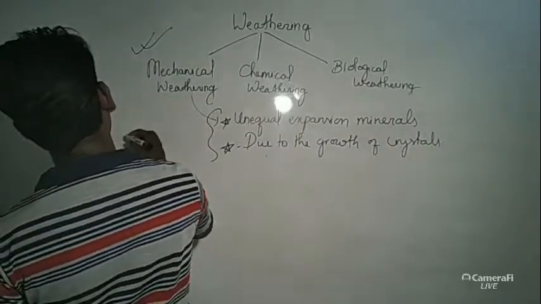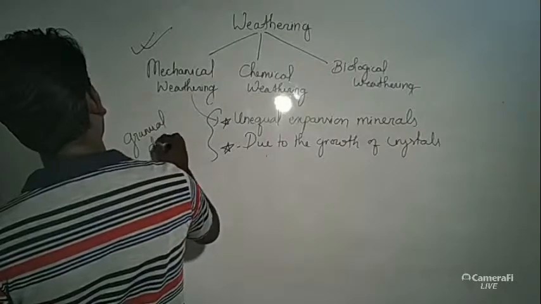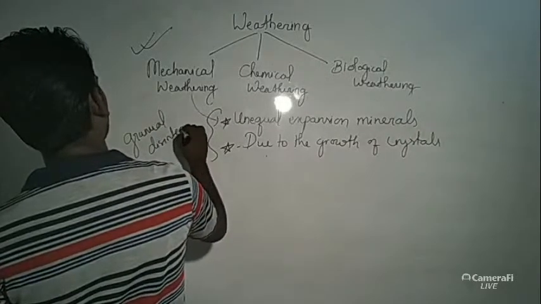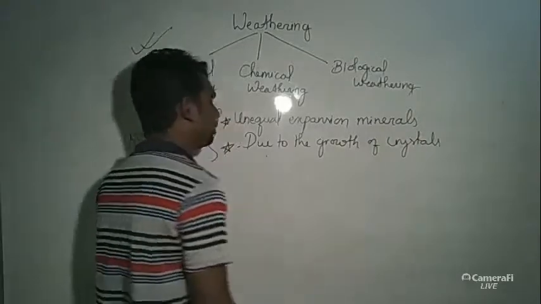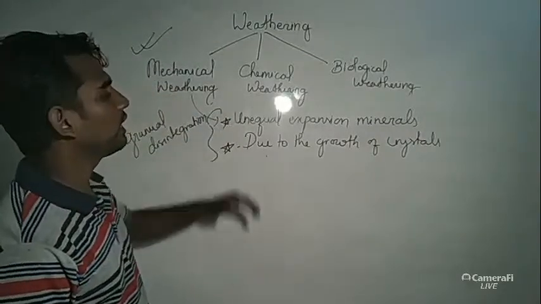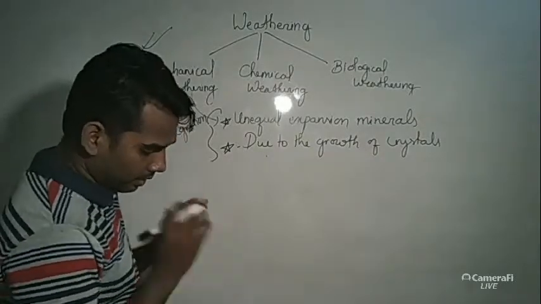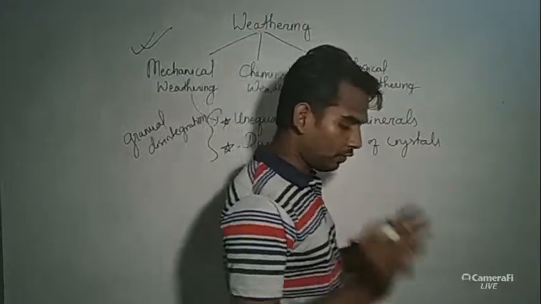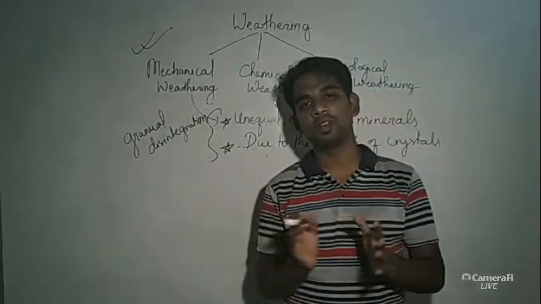This is for granular disintegration. I forgot to explain about this. Unequal expansion of minerals. What is unequal expansion of minerals? Minerals are the composition of different elements present in the rock.